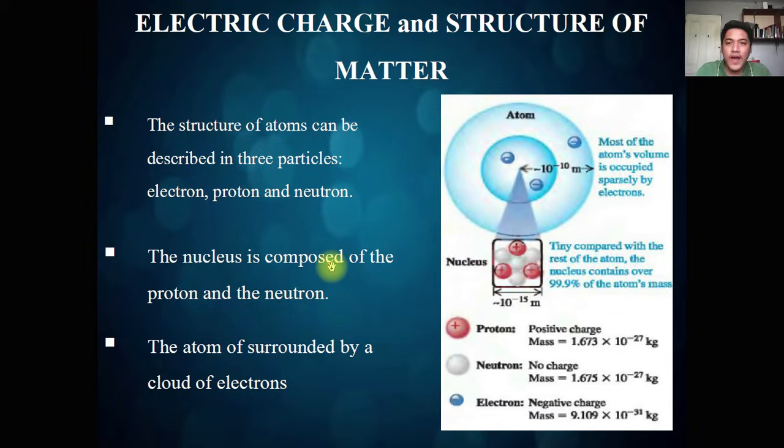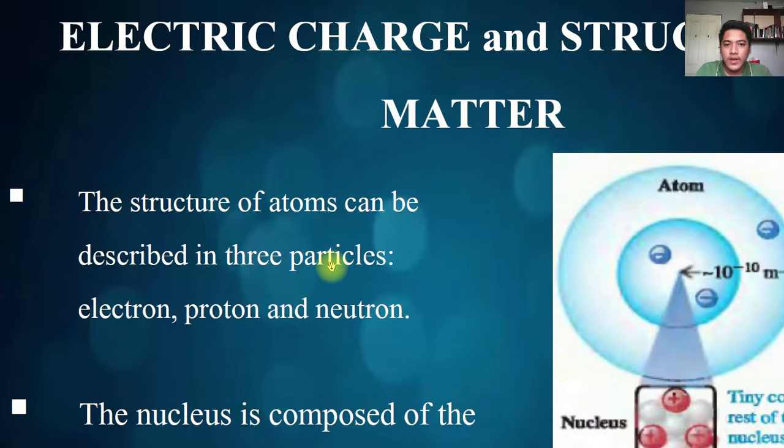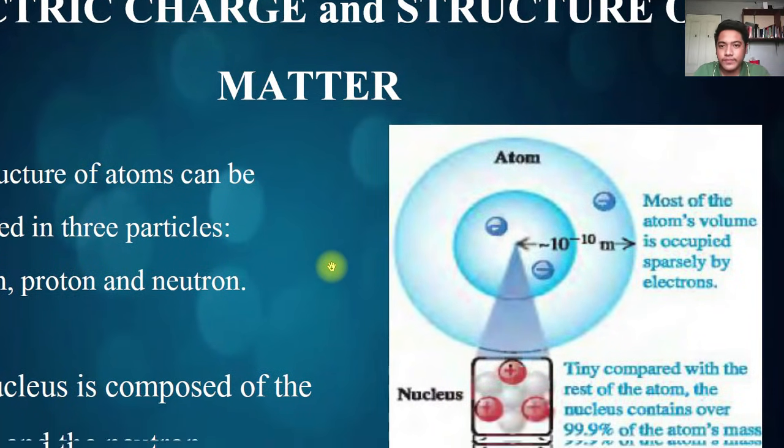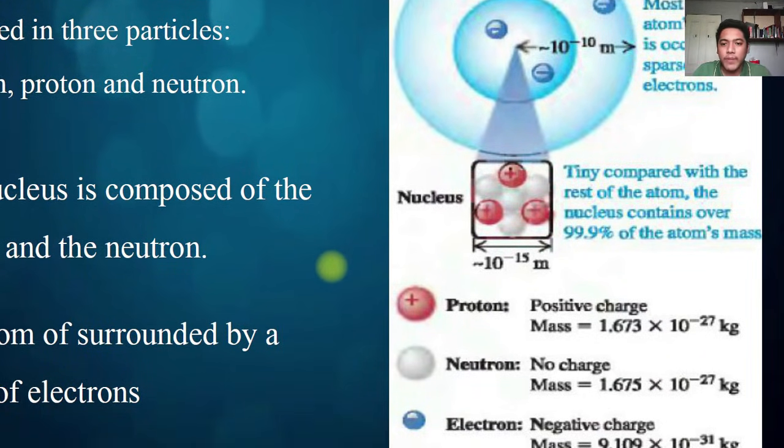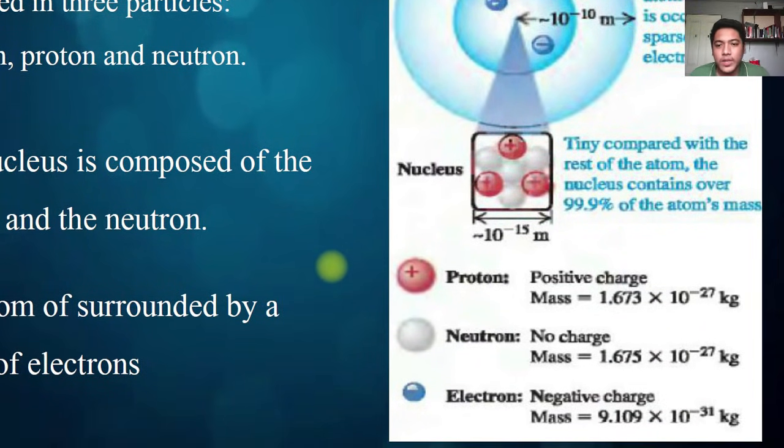And here are some facts with regards to our atom. The mass of the positive charge or the proton is approximately equal to 1.673 times 10 raised to negative 27 kilograms, and the neutron has a mass of 1.675 times 10 raised to negative 27 kilograms.